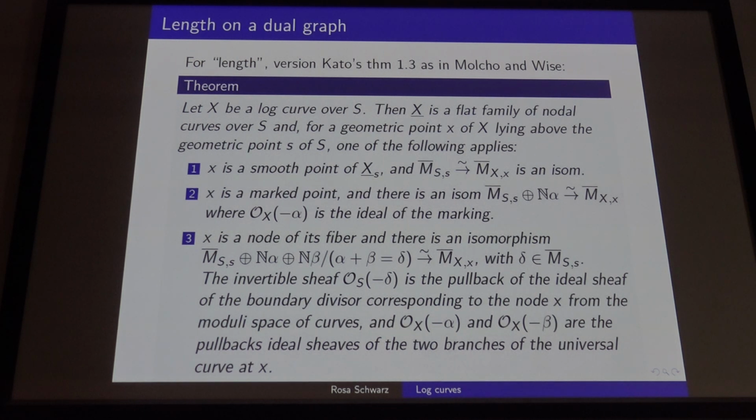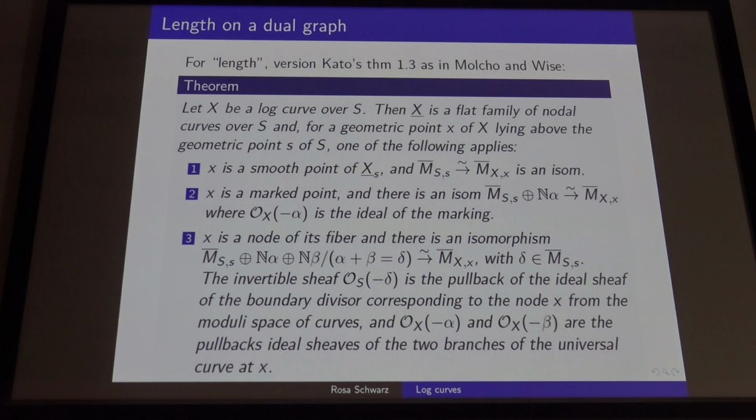I need the letter delta. This theorem says, what we've seen, a log curve is just a flat family of nodal curves, and in the geometric fibers you're either a smooth point or you're a marked point. But most importantly, what happens at nodes, because the edges that we need to give a length are coming from nodes. So we need the third part of the theorem.